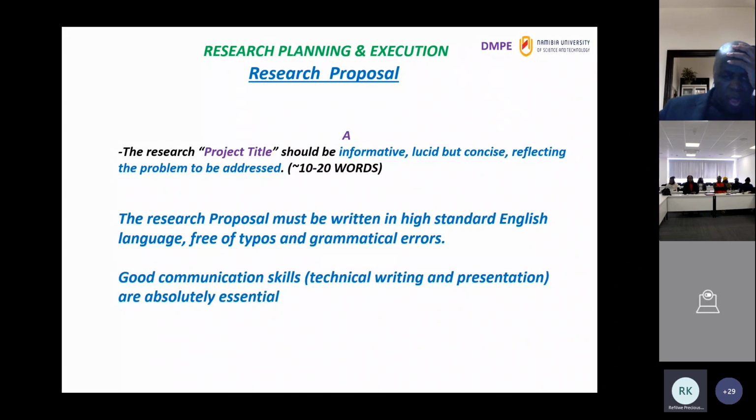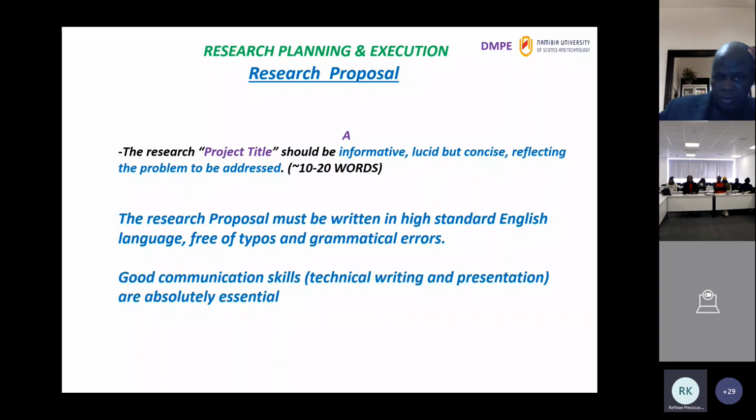Pardon me. We talked about project title being informative, lucid, but concise, reflecting the problem to be addressed in not more than 10 to 20 words. It's very important to remind people that I have read some theses, not mentioning research proposals, that have very poor standard of English.